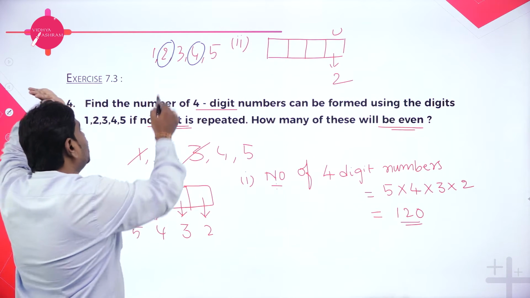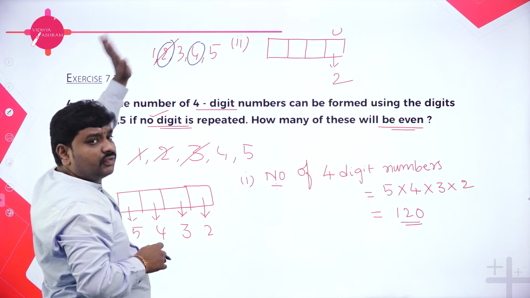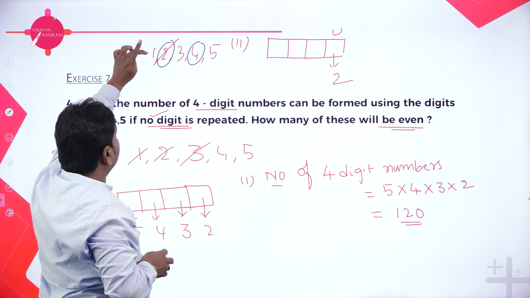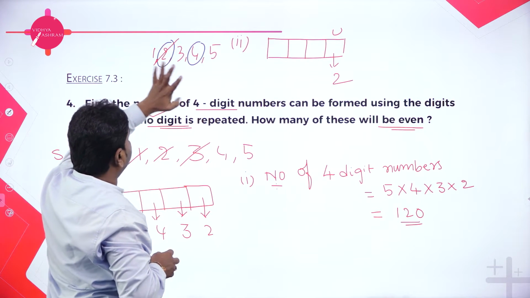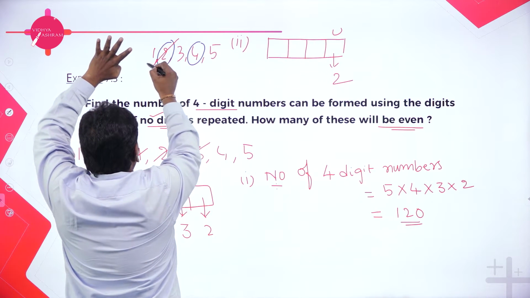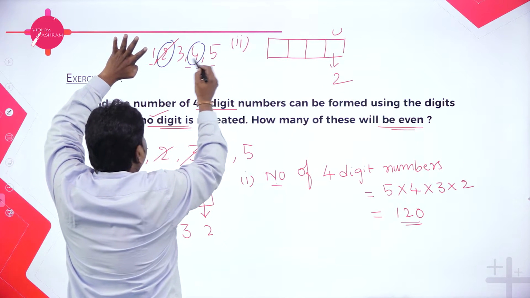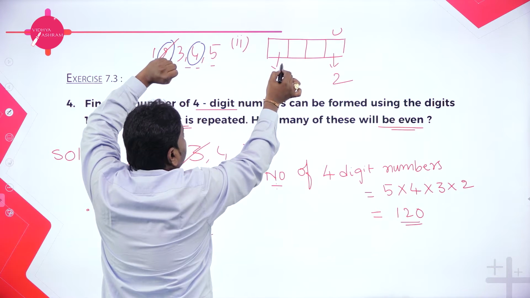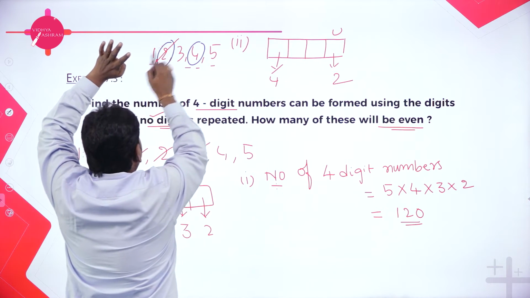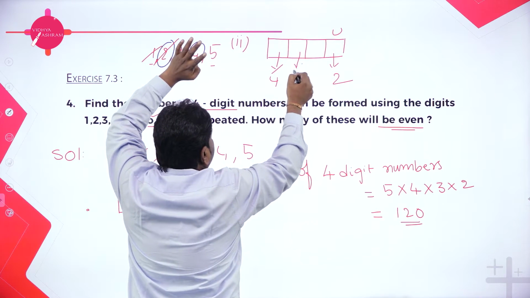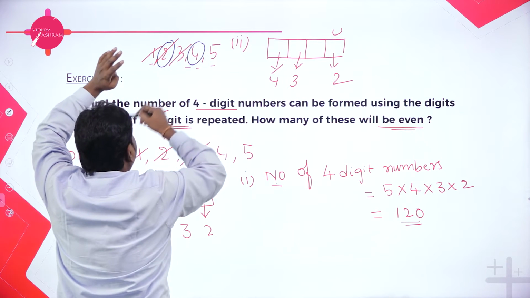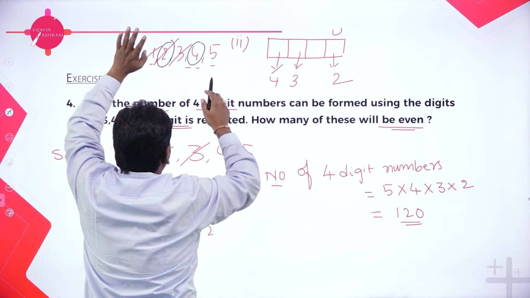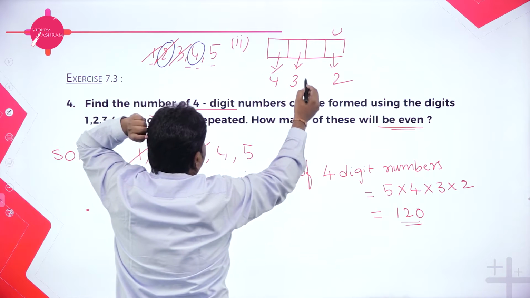Now out of 2, any one you will fill. How many are remaining? 1, 3, 4, 5. We have 4 numbers remaining. So the first box you can fill in 4 ways. After you fill any one, the second box can be filled in 3 ways. After you fill any one, the third box can be filled in 2 ways.